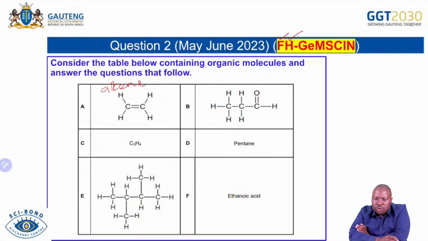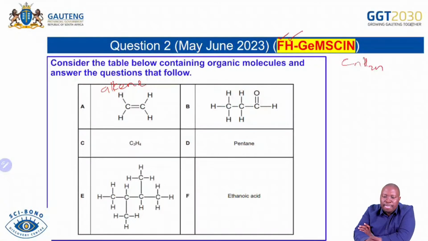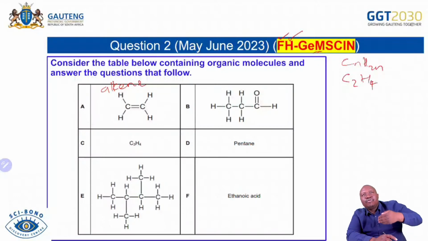And then you are able to write the general formula for alkenes, because we talked about it. You said CnH2n. You can then get the molecular formula. Remember how to get the molecular formula. You're simply saying how many carbons do we have. So you'll say C2. We have 2 carbons. How many hydrogens? H4. That is the molecular formula. So you're able to move from general formula to molecular formula as I've shown when we started with our lesson.